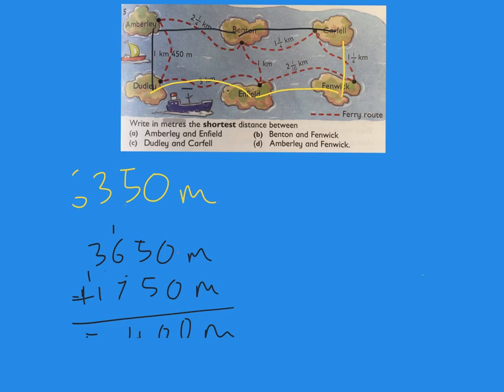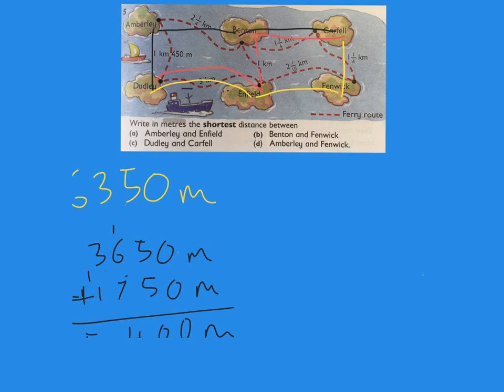You could also go another way. Okay, so if I do this in red, you could go from Dudley to Enfield to Benton to Carfell. So we'll work out the distance for that. So from Dudley to Enfield is 3 kilometres. Then it is 1 kilometre to Benton, that's 4 kilometres.